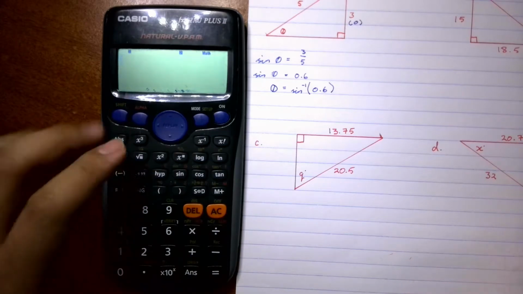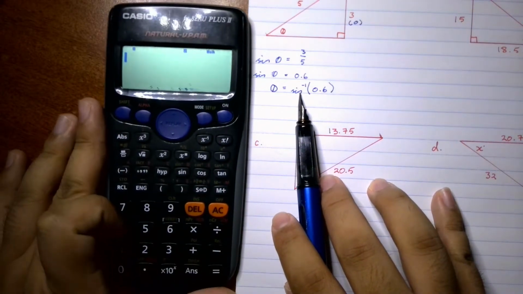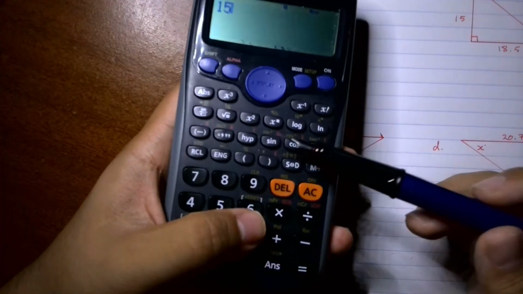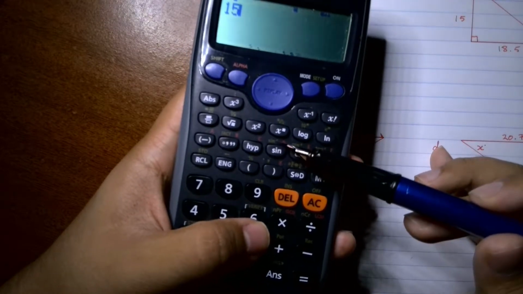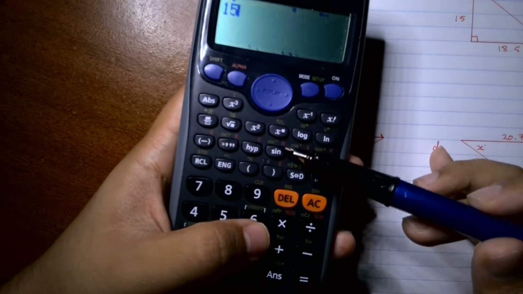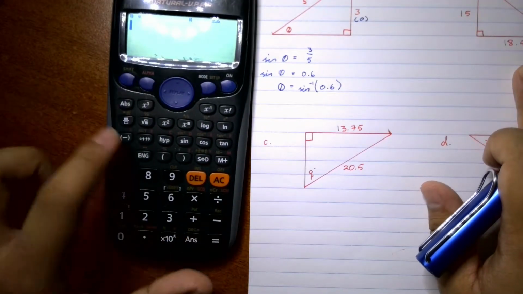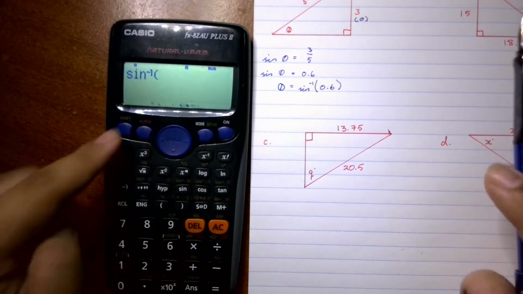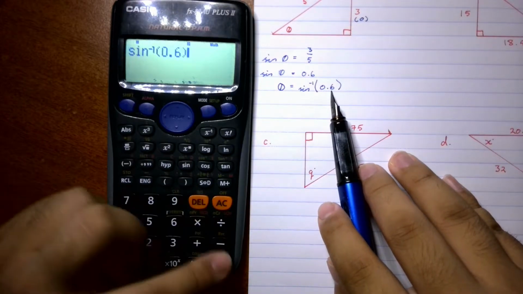This is the value that we're going to type in. If you look carefully at your calculators, above sine you'll see sine with -1. We need to use that function. To get there, we press shift and sine. That is inverse sine of 0.6.